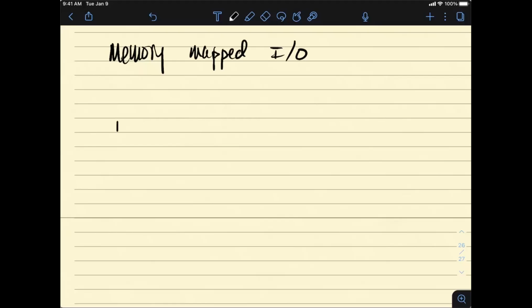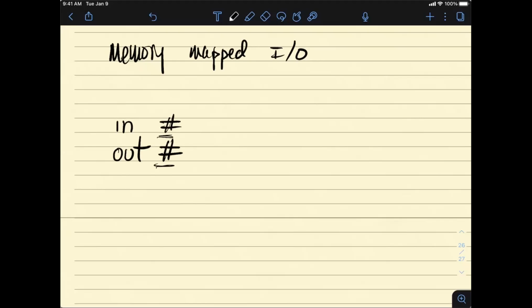And that was the in instruction and the out instruction. It would be in on some number and out on some number. And the number would vary whether it's a serial port or parallel port or the storage device or the keyboard, etc. But these numbers didn't correspond to memory. They corresponded to some special mapping.